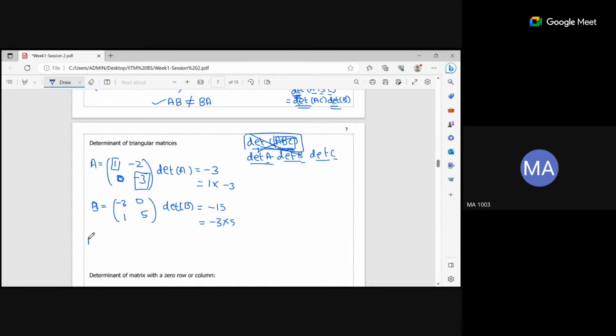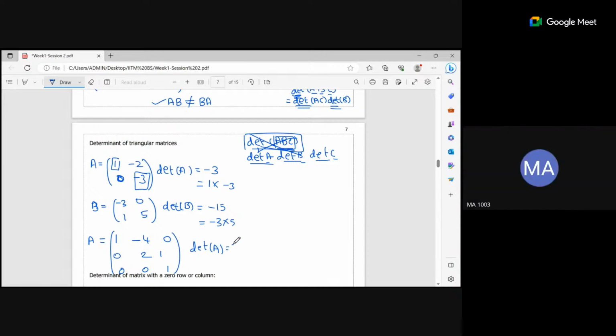What is the determinant of this matrix? Zero. Suppose I change this 0 to 1, then the determinant of A is 2.